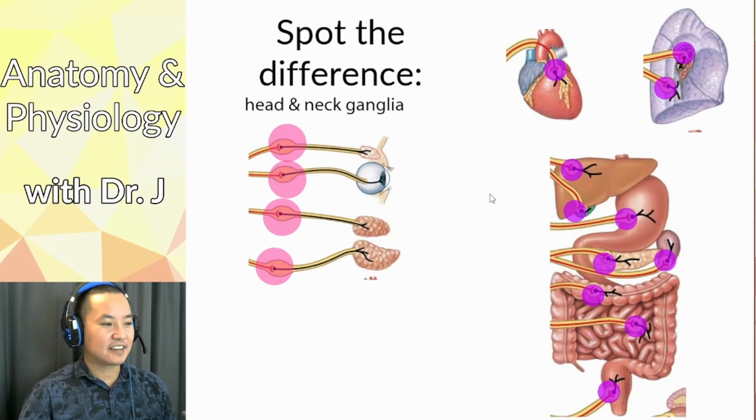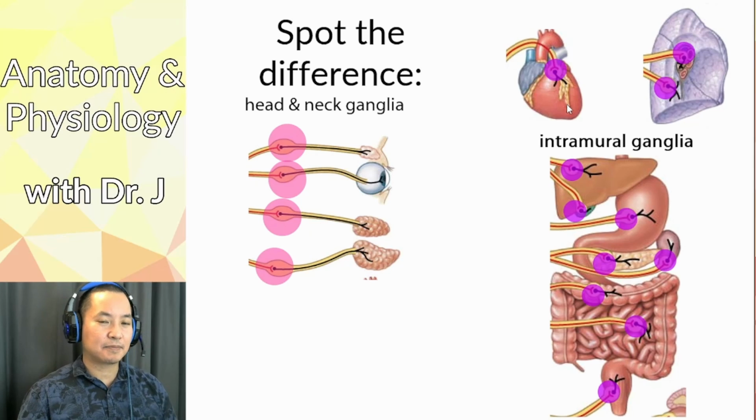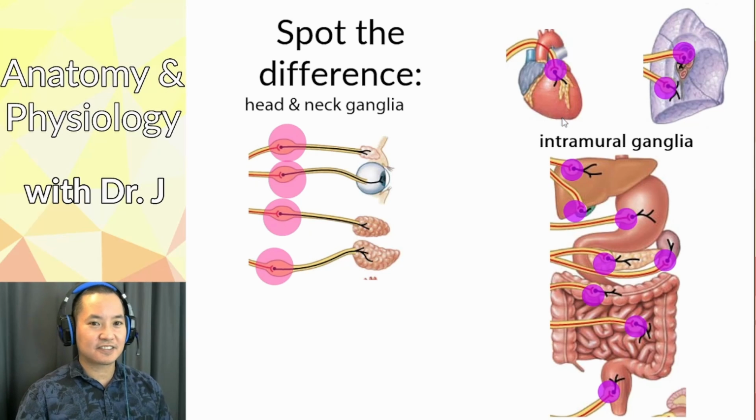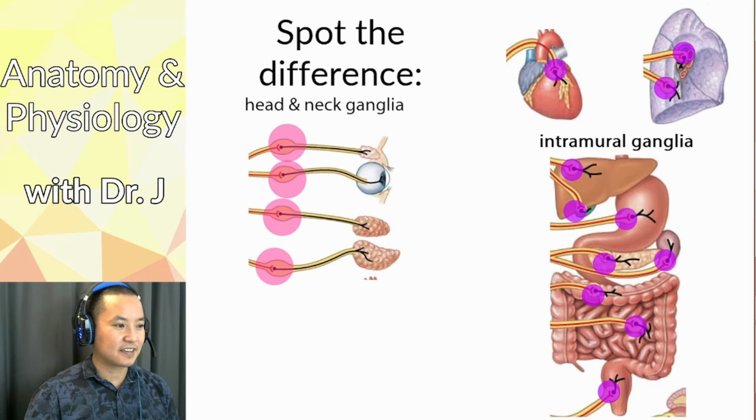So the head and neck have their own separate ganglia outside the organs, but with these internal organs, we have intramural ganglia. Mural, like the mural on a wall, so you think of it as inside the walls. This is something you see with parasympathetic anatomy. You don't see this with sympathetic anatomy.